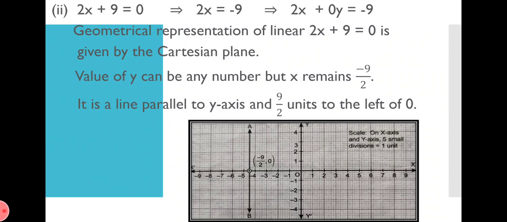On the left page you make two parts: the first part you will use for the geometrical representation in one variable, and the lower part you will use for the geometrical representation in two variables. Similarly, for question number 2 also you will use the right hand side page for writing, and the left hand side page, that is the graph page, you will divide into two parts, and the upper part you will use for the geometrical representation in one variable, and the lower part for the geometrical representation in two variables.